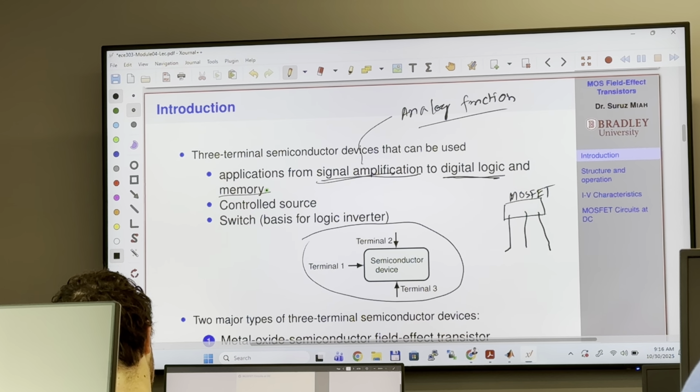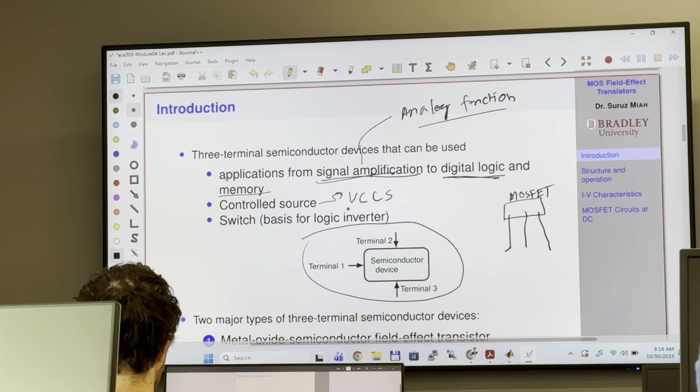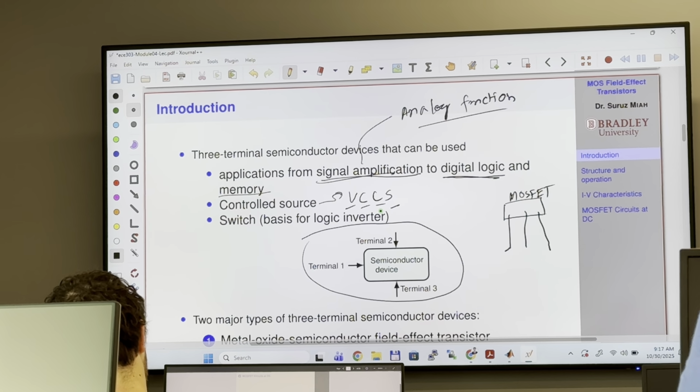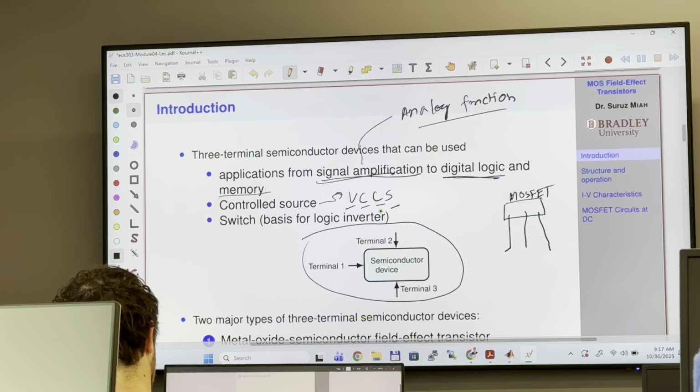This device can be used as a control source. The one that we'll see today is, I'm not sure if you have heard of it, a voltage controlled current source. So you actually control the amount of current to flow using voltage. The concept is like this, guys. You came through this door, right? There is a gate. So I control the amount of space right here.